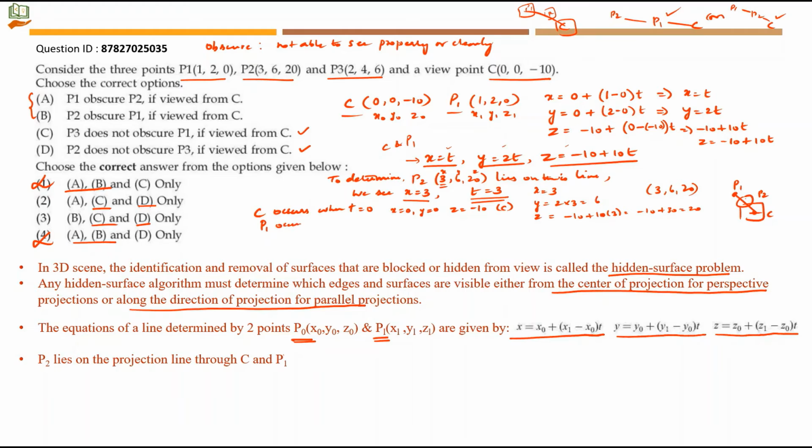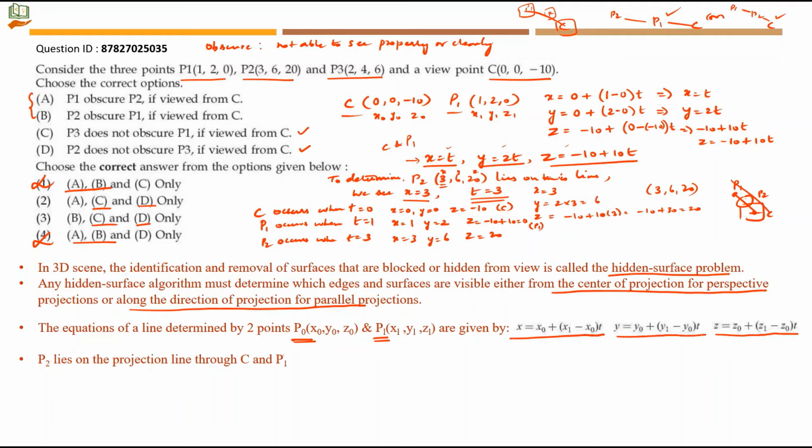P1 occurs when t is equal to 1. So x is equal to 1, y is equal to 2 and z is equal to minus 10 plus 10 into t, which will give you 0. This is exactly the coordinates of P1. And P2 occurs when t is equal to 3. So x is equal to 3, y is equal to 6 and z is equal to 20.